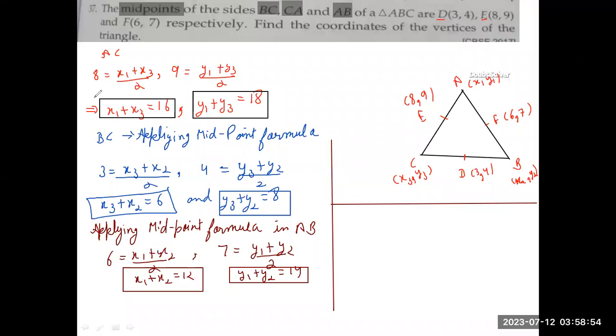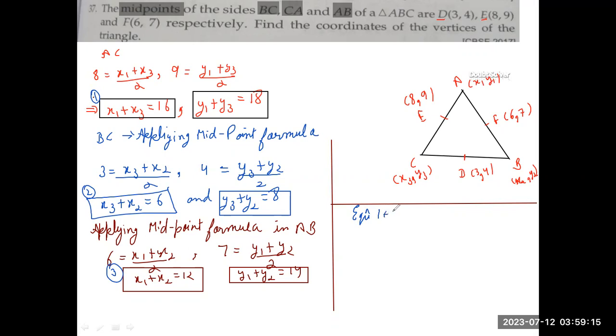Let's just label these equations 1, 2, and 3. From equation 1 and 3, I'm adding them. Either you can add or you can subtract.